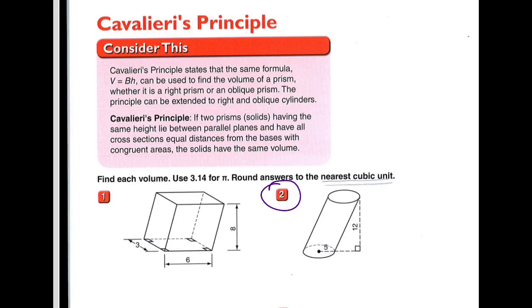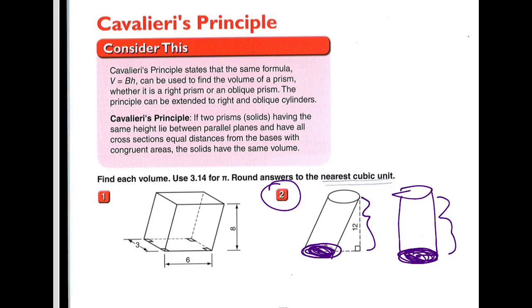You'd use the same formulas no matter what, because if it has the same exact size base, so if we have a circle of radius 5 over here, and a cylinder off of that that's 12 units tall, no matter if it's standing up straight or slanted, it's still going to have the same big B and the same height. So no matter what, those things are going to go in the formula, and it's going to come out with the same exact volume.